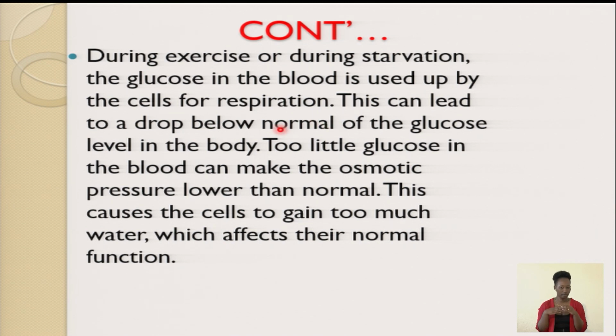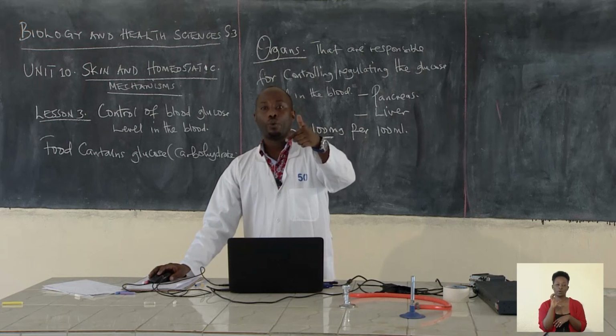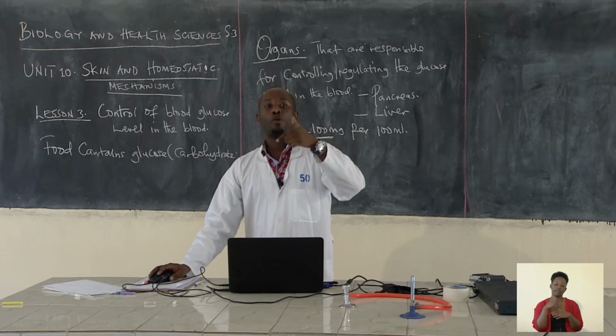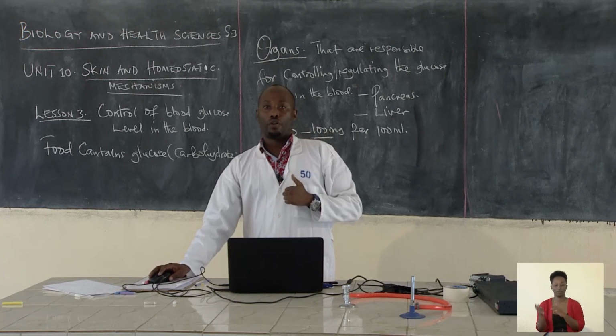As I said, the normal blood glucose ranges from 90 to 100 milligrams per 100 milliliters of blood. So if it drops down during starvation, what will happen? Meaning that we're going to have less glucose in the blood, which will eventually affect the normal functioning of the cells. All right?